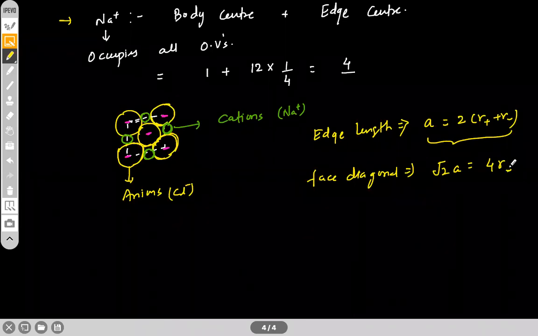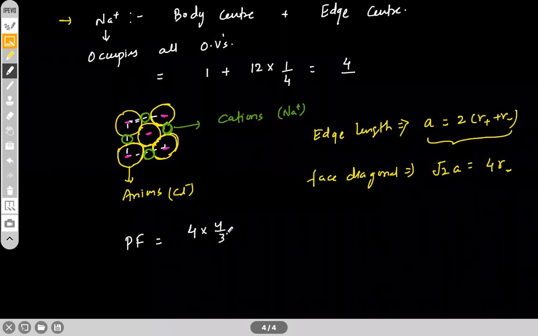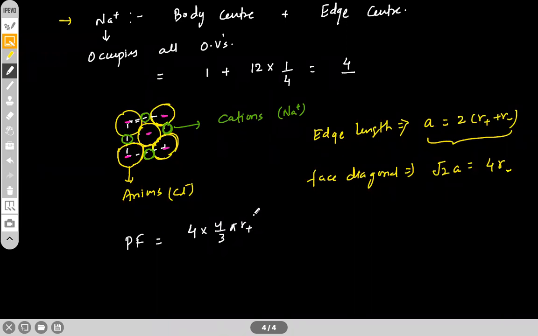Now in this ionic crystal, if they ask you to find out the packing fraction, which they won't ask, so you don't have to think about it much. But here also the concept is exactly the same. The volume occupied by the ions divided by the total volume of the unit cell, correct? So volume occupied by cations is what? There are 4 cations, 4 into 4 by 3 pi r plus cube.